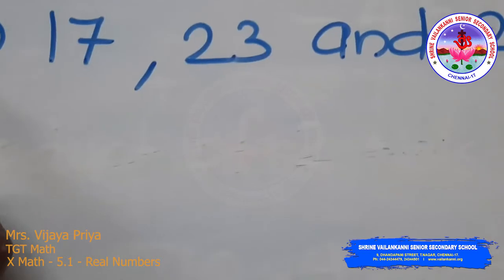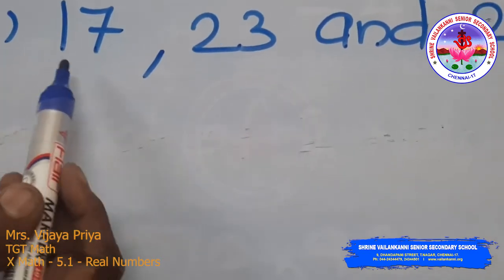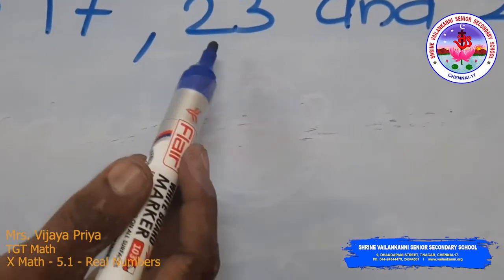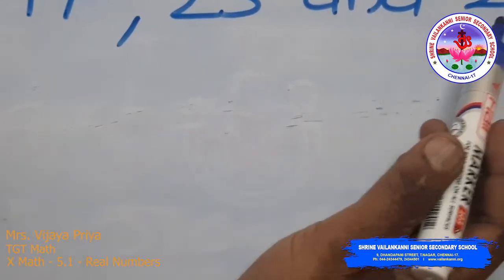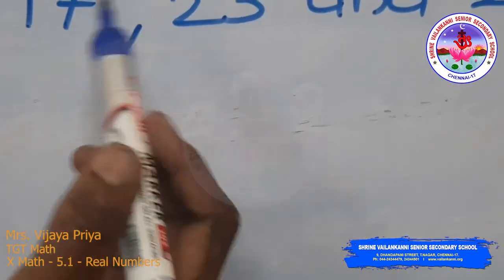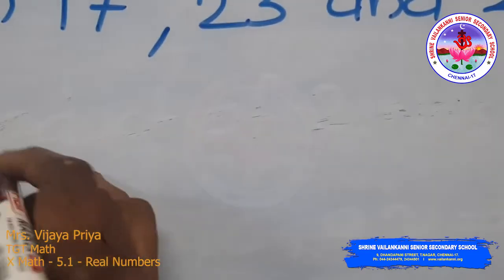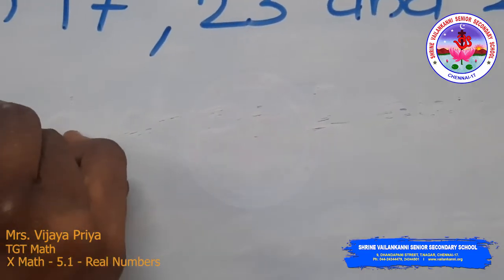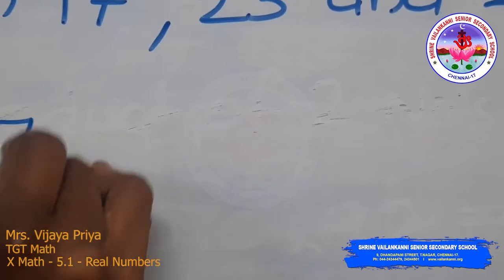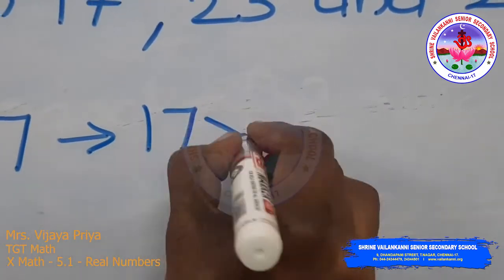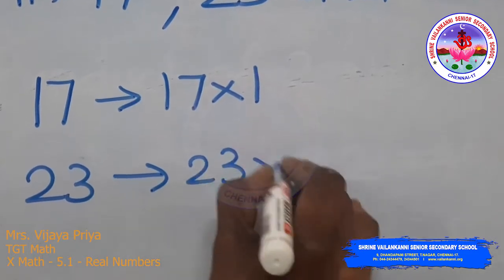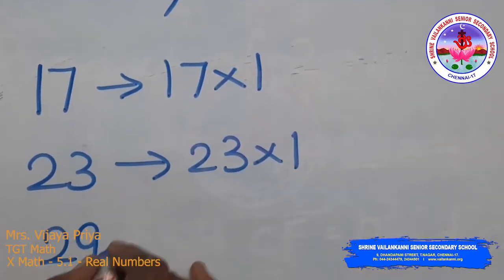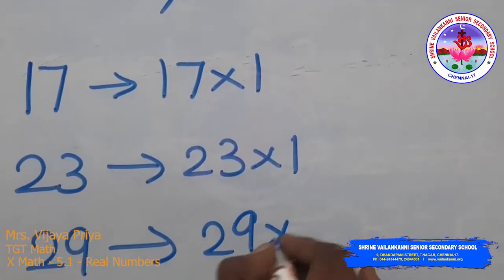Now going to the second subdivision, he has given the numbers 17, 23 and 29. So these are all prime numbers. So it does not have any factor other than 1. So I am just writing 17 as 17 into 1, 23 as 23 into 1, 29 into 1.